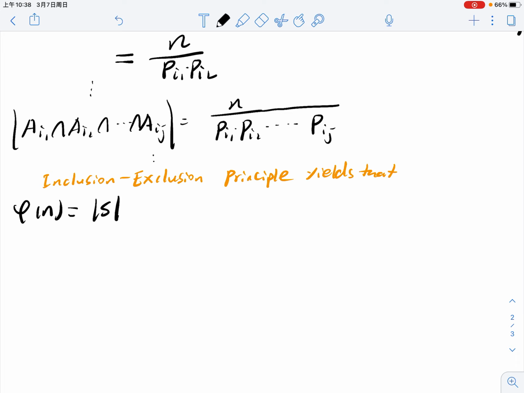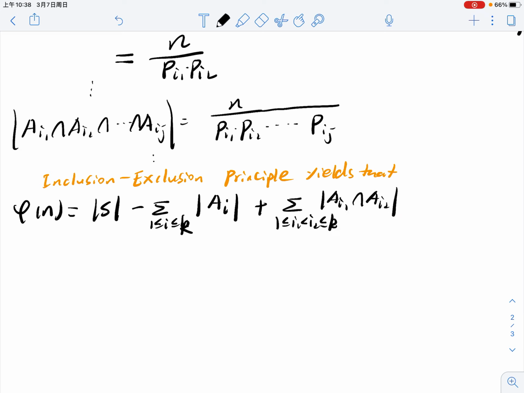It's the cardinality of the whole set minus the cardinality of the one-set intersections, plus the cardinality of, here's k, two intersections, and minus and so on.